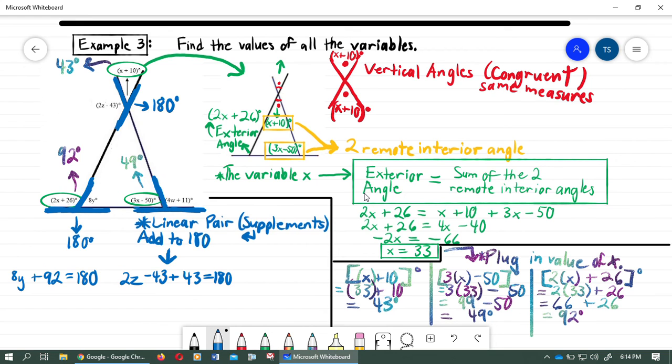And then the third equation that will help us figure out what w is 3x minus 50 plus 49 equals 180.